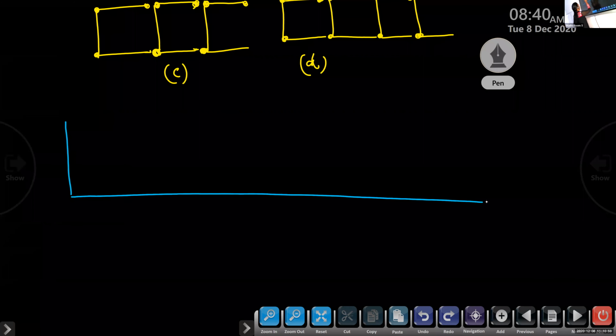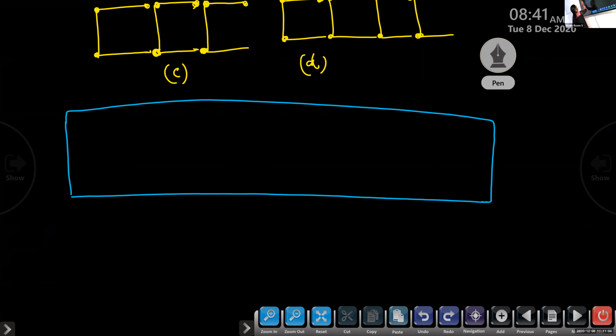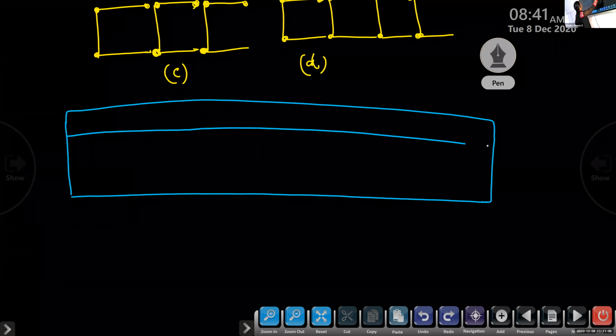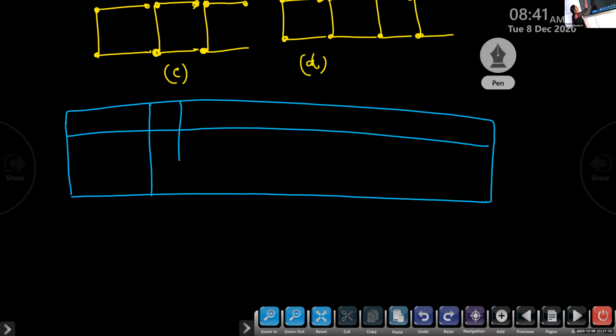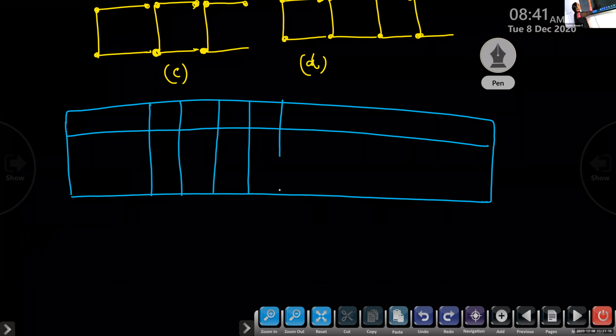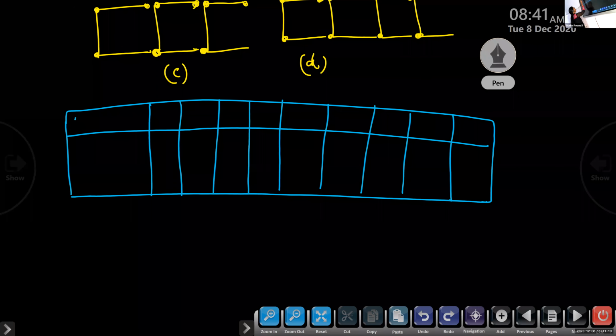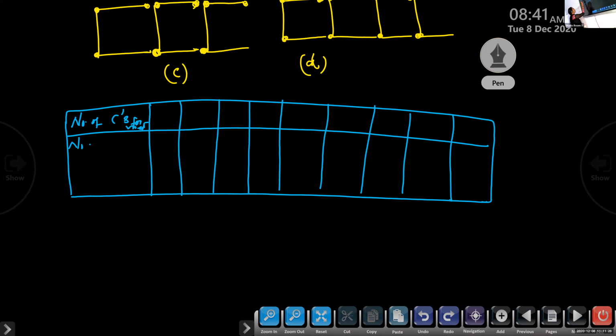Now I'm going to draw the table. The table's first row is number of C's formed and number of matchsticks required.